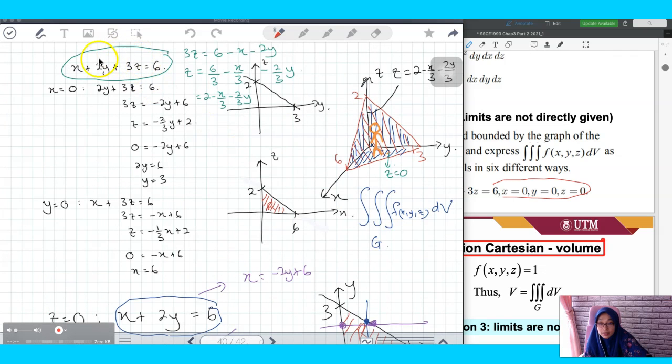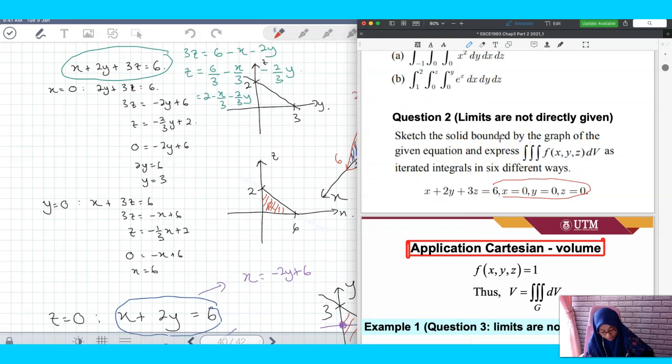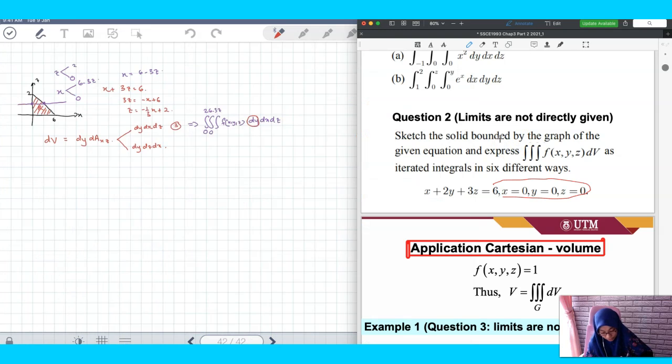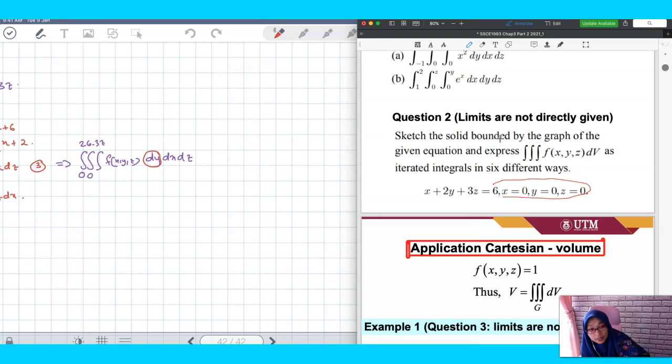We use a similar equation here, but now you have to rearrange it and make sure that you have y equal to. So you have to rearrange your tetrahedron equation. The given tetrahedron equation is x plus 2y plus 3z equal to 6.